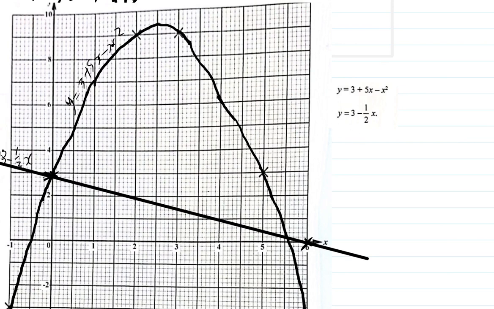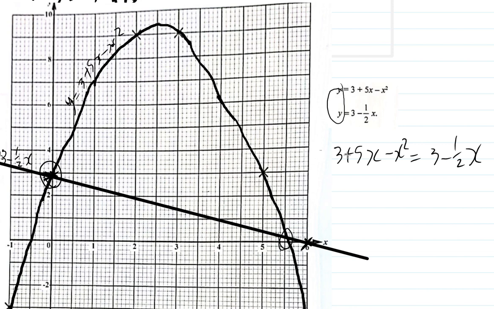Why does that happen? Because y equals y. So therefore, 3 plus 5x minus x squared is the same as 3 minus half x. Where they are the same is where they meet, where they intersect. Right? So right here and right here.